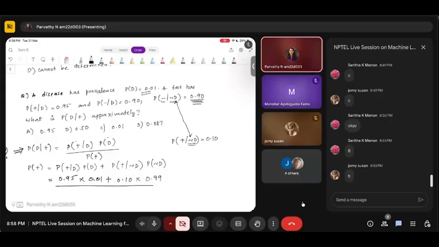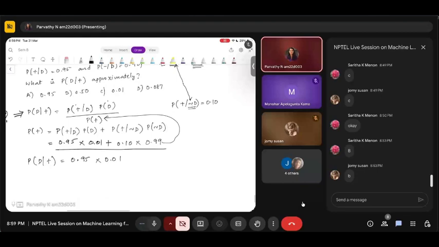Once we have this, we can substitute the value, and then P of D given plus is P of plus given D, 0.95, into P of D, 0.01, divided by this, which will be around 0.1085.